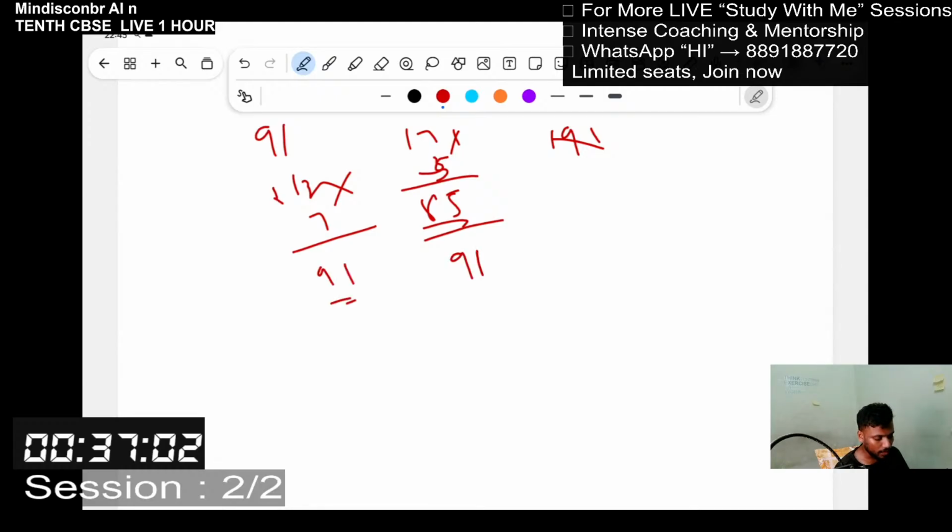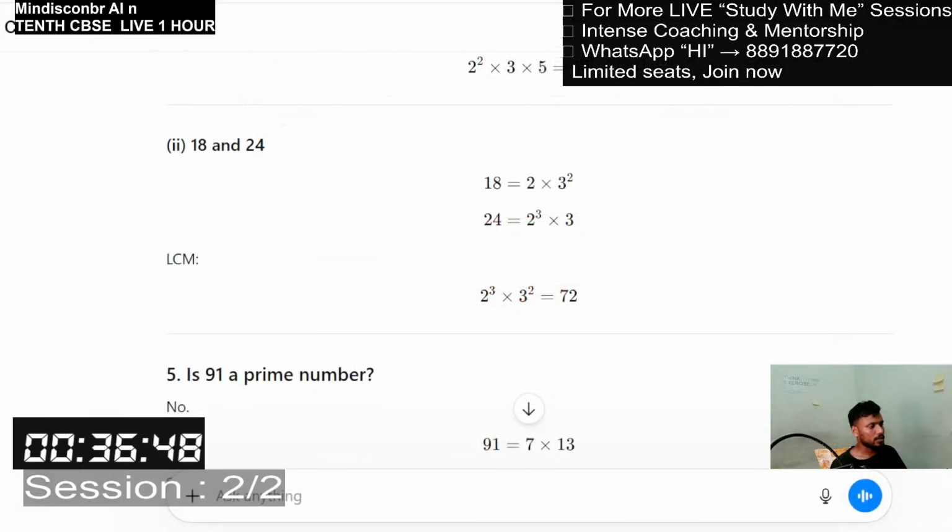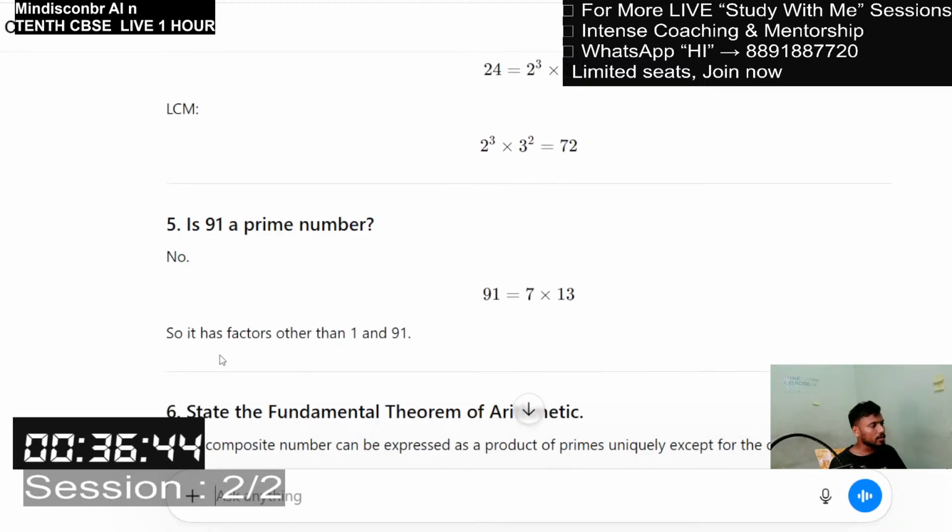So 91 can be written as 7 into 13. It can be expressed as the product of prime numbers, so it has factors other than 1 and 91. Is 91 a prime number? No, it is a composite number.